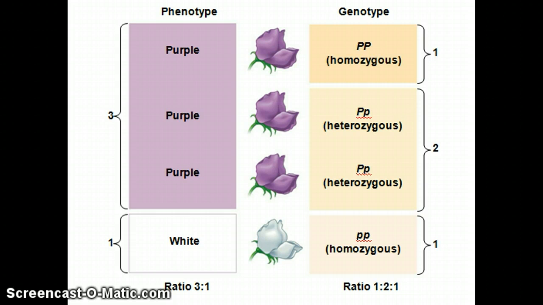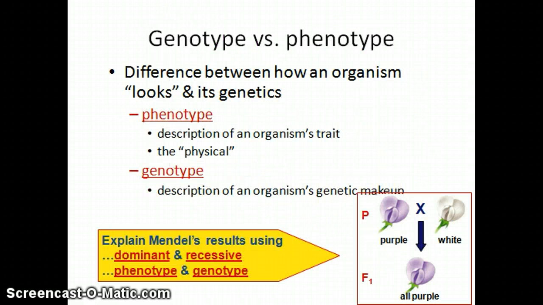But what is actually seen and expressed is the phenotype. Phenotype is a description of the organism's trait, the physical expression, and the genotype is the actual genetic makeup.